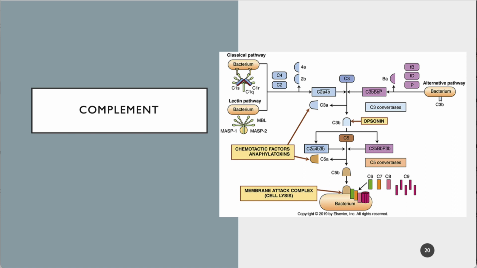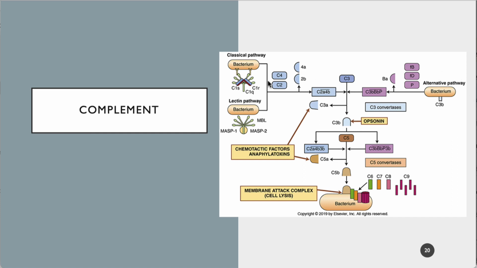Complement is one of those things that is very challenging to understand, partly because of the way we name it, right? Can you think about memorizing all of the complement activities that are associated with C2A4B? I mean, no, we're not doing that. We're not getting to that level. But I do want you to understand essentially what the complement system does.